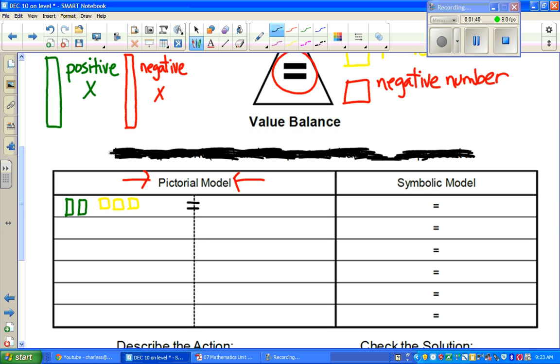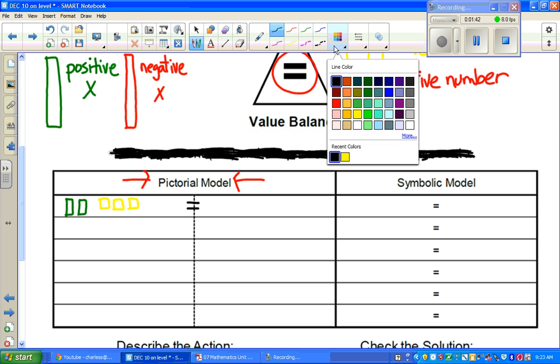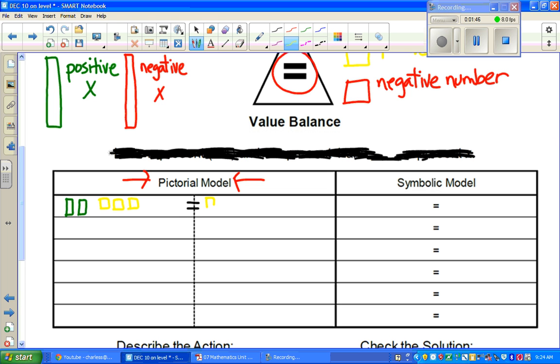On the other side of that, we need 9 yellow squares to represent a positive 9. And this symbolic model is the actual letters and numbers, so it would be 2x plus 3 equals 9.